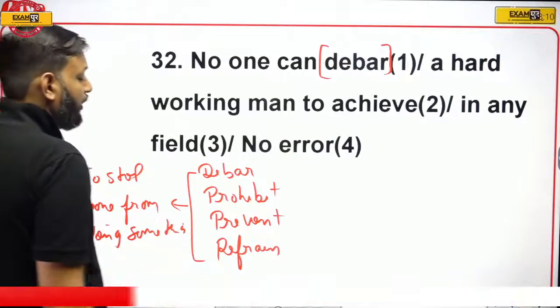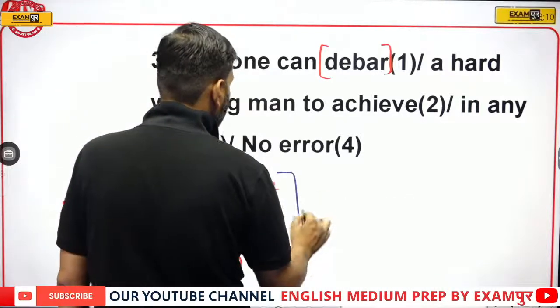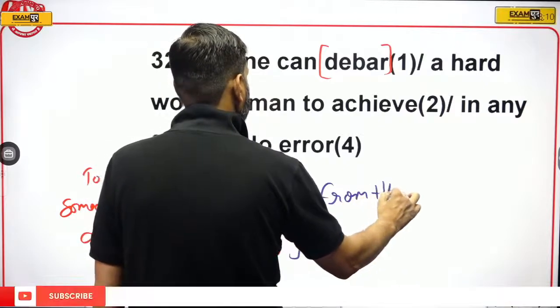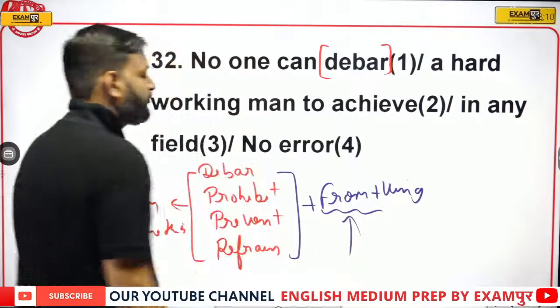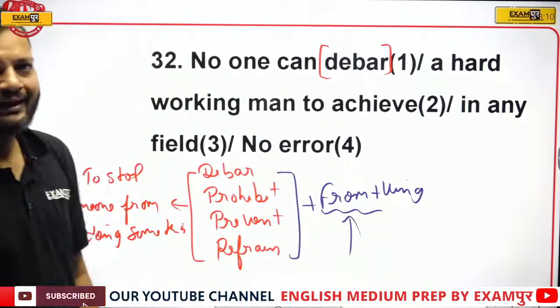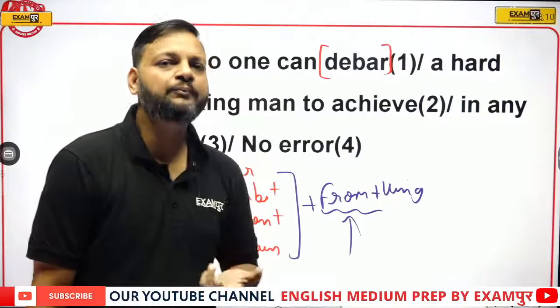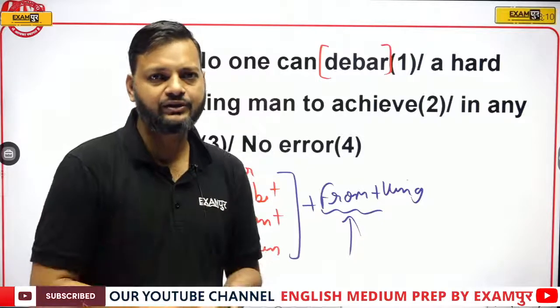okay. Now all these words have same meaning and all these words are followed by preposition from, and then ing form of verb. Okay, all these words are followed by from, and after from we need ing form of verb. Like after all prepositions, okay, prepositions are always followed by ing form, right?